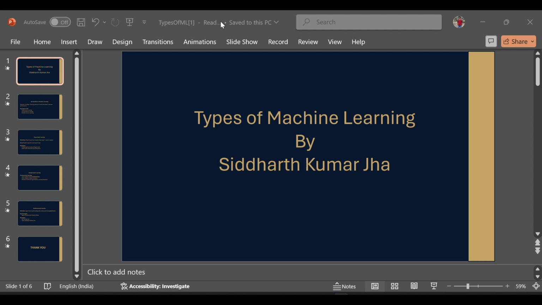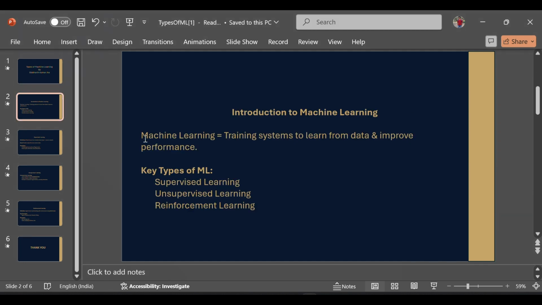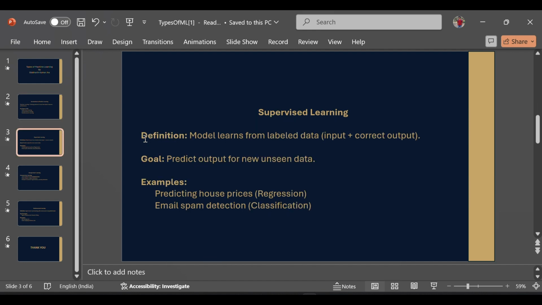So if we talk about the types of machine learning, there are basically three types which we are using nowadays. The first one is supervised learning, the second one is unsupervised learning, and the third one is reinforcement learning. The first one is supervised learning.